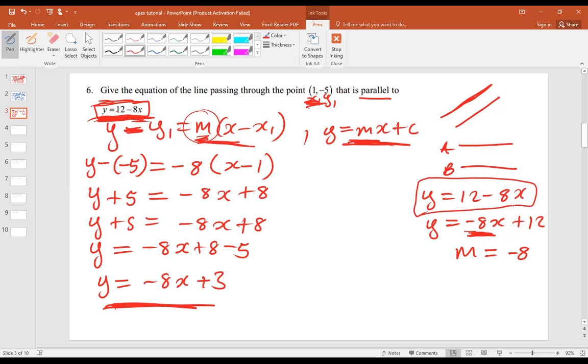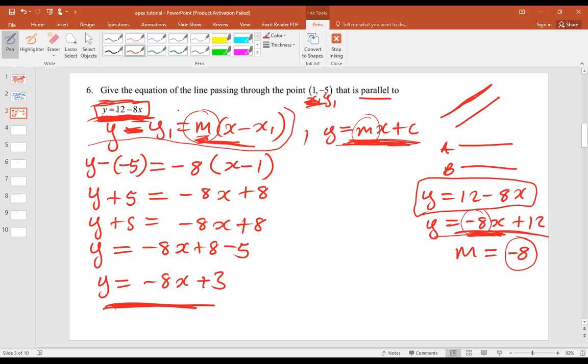So I just rearranged this equation into this format here, and then came up with this equation here. From this equation, I concluded that my gradient, which is the value of m here, is simply -8.